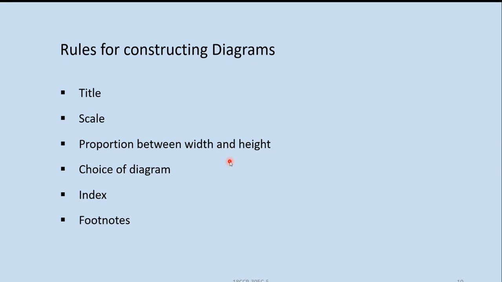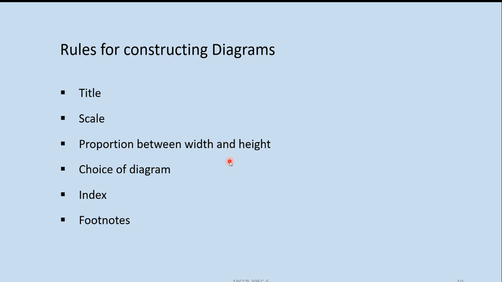If an appropriate title is given, then the user can understand for which purpose this diagram or graph is used, so that the user can easily judge whether the data is presented properly or not. So the title is very, very important in the diagram.